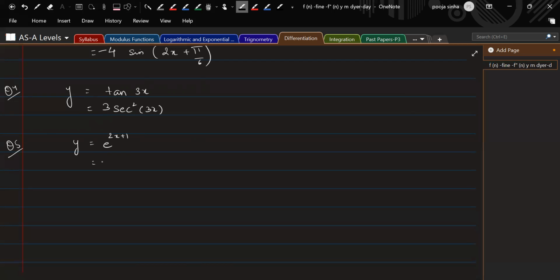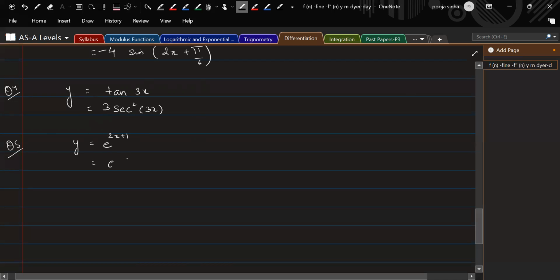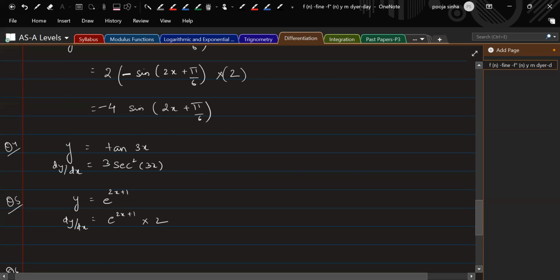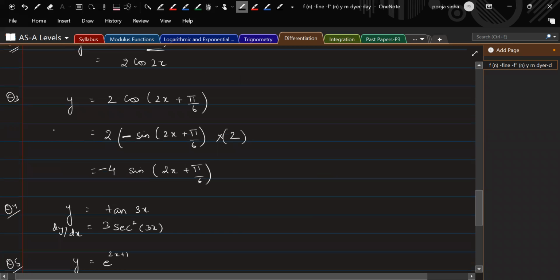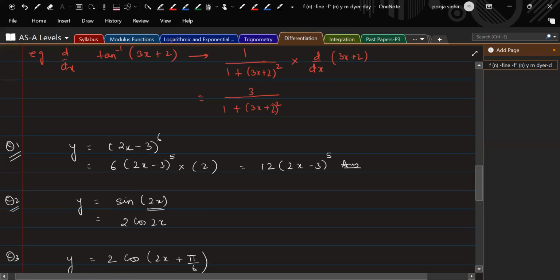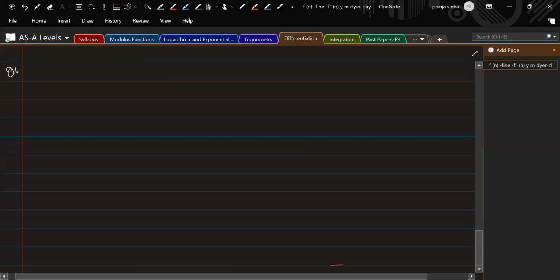So e raised to power 2x plus 1 into 2. Perfect. Next. I'm forgetting to write dy by dx everywhere, so make sure that you are writing that. Where we started differentiating, that should be dy by dx, wherever it is missing. Next question.